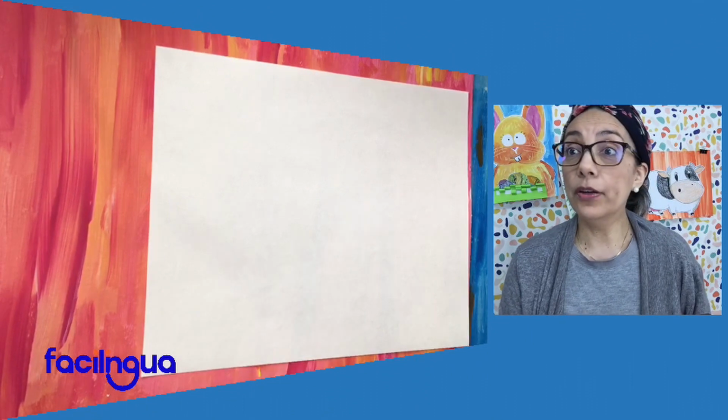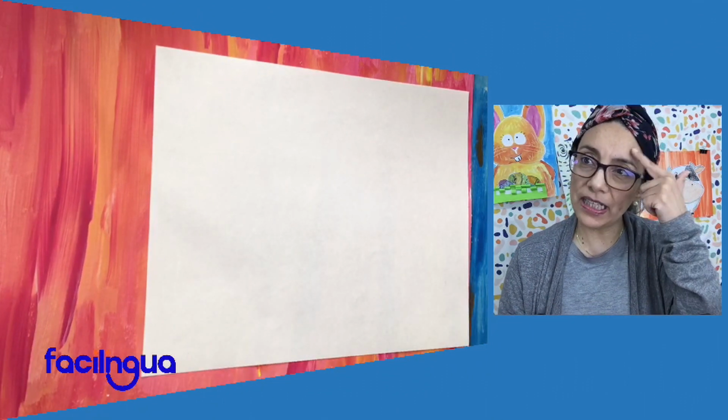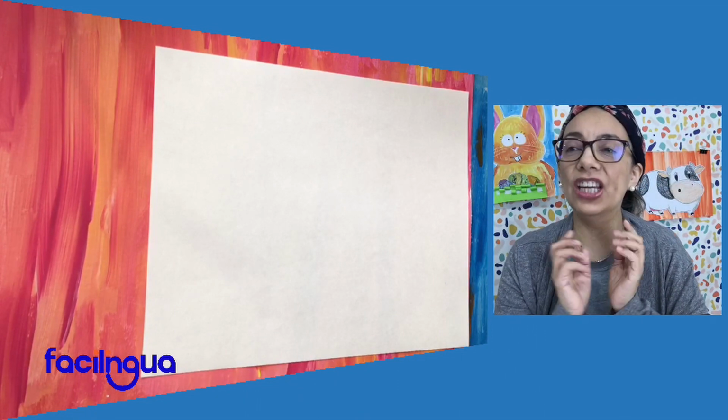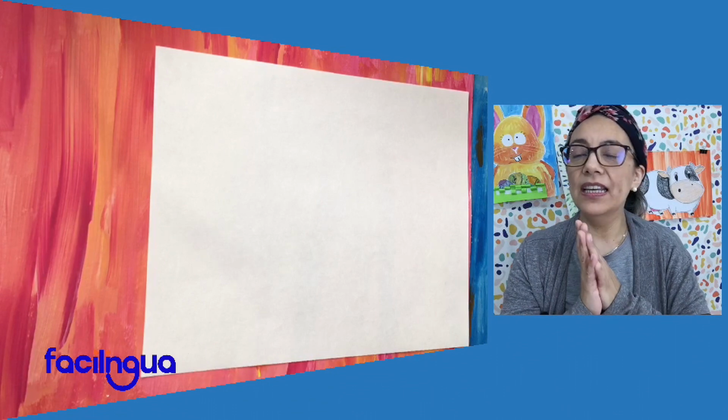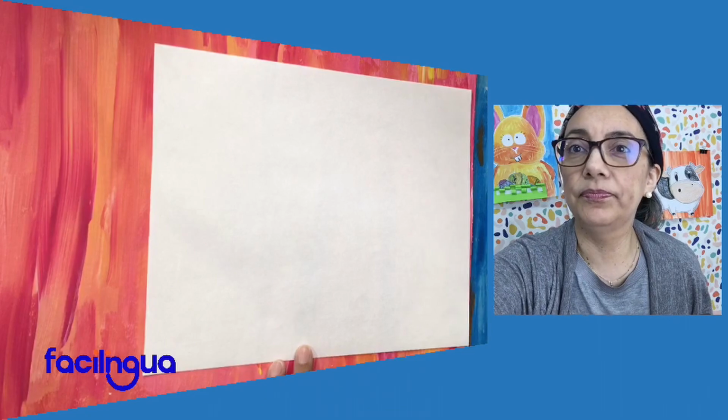So we are going to draw a girl that is probably in your imagination. You imagine in your imagination a girl that is 8 or 7 years old.